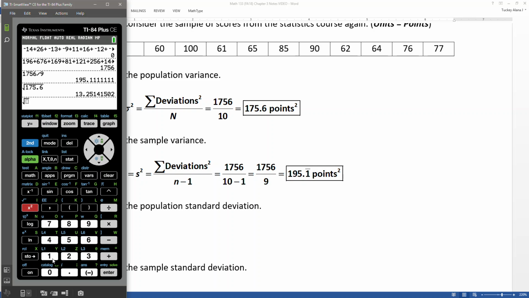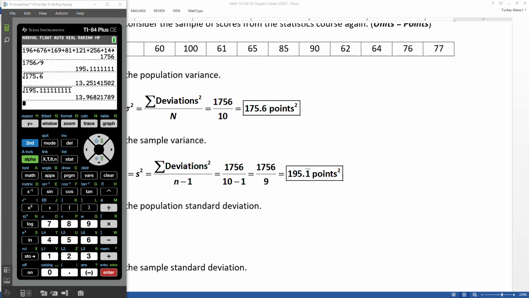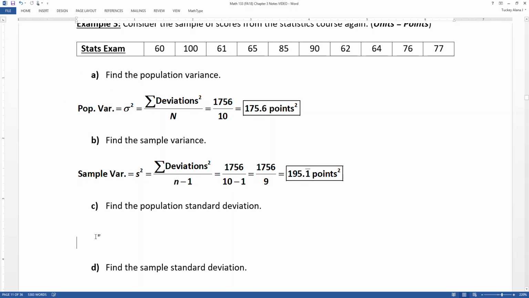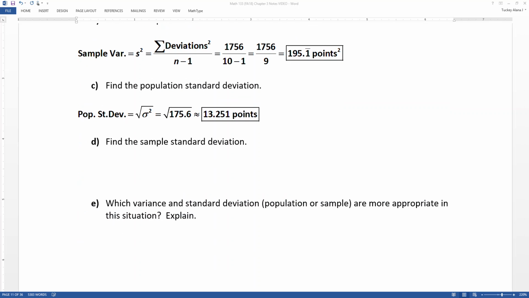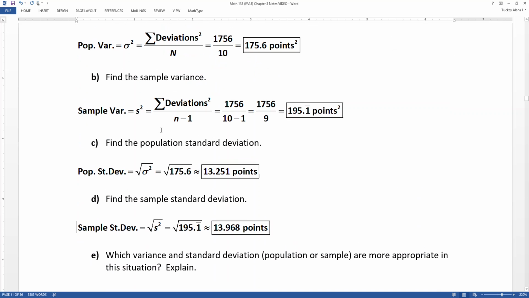Similarly, the sample one would be the square root of 195.1111111, which is 13.968. All right, so the population standard deviation is 13.251 points, not points squared, because the square root undid the squaring that we did in the formula.